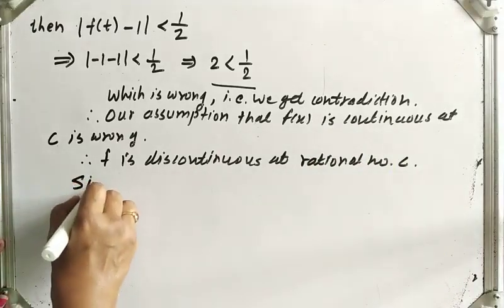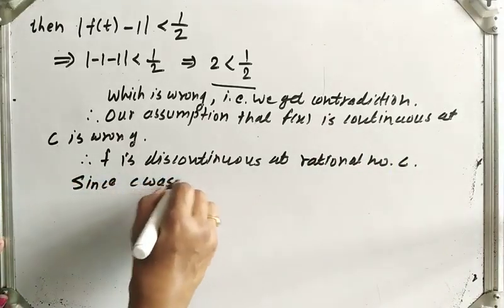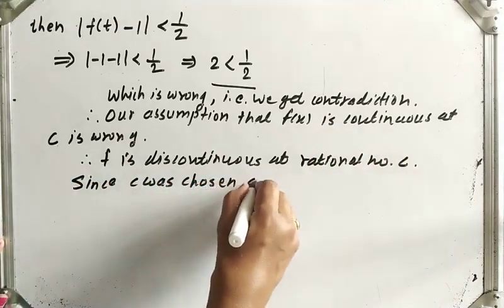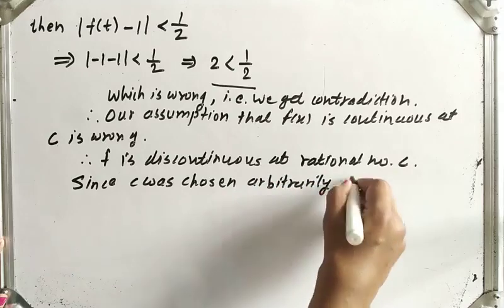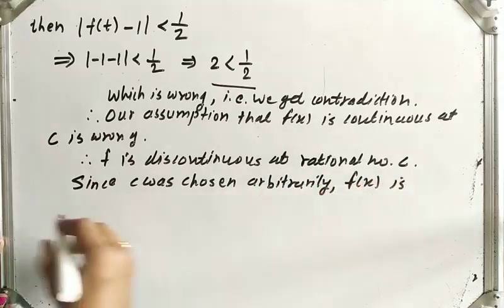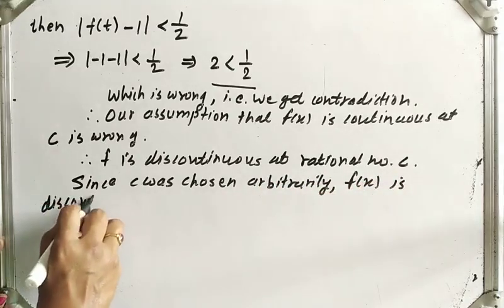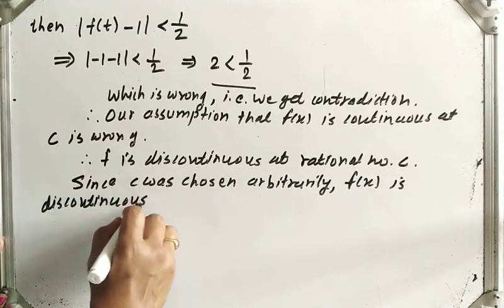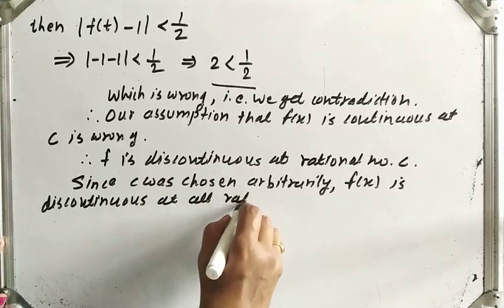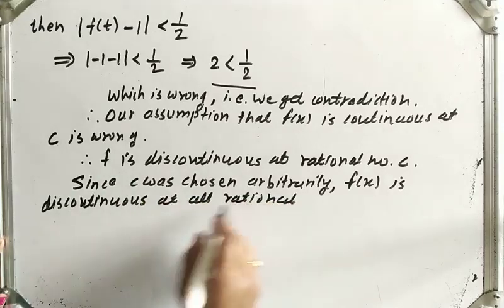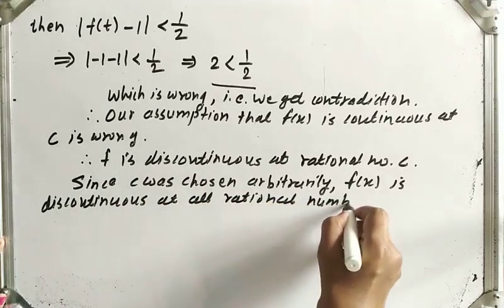So since c was chosen arbitrarily, f of x is discontinuous at every rational number.